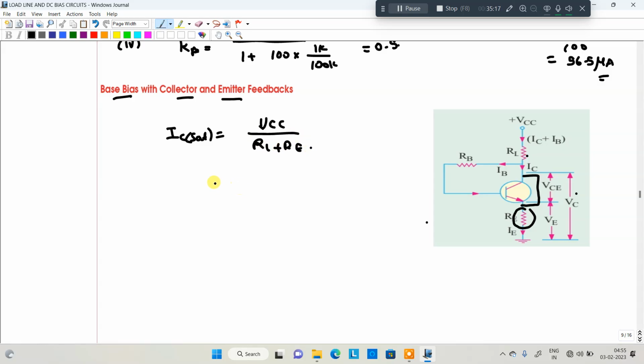Next, coming to IC, now I am going to apply the beta rule directly and tell you the IC value. Because I already gave so much explanation for the previous two topics, the beta rule can be applied directly.